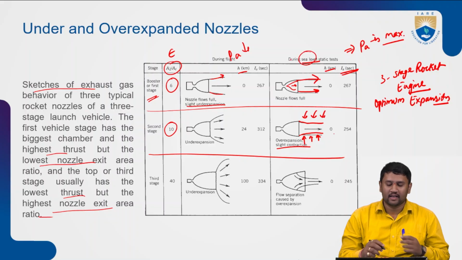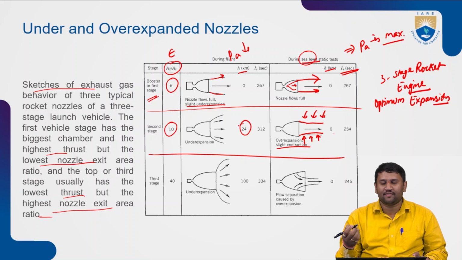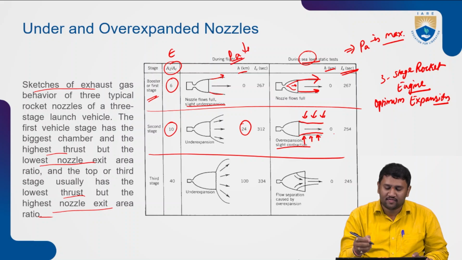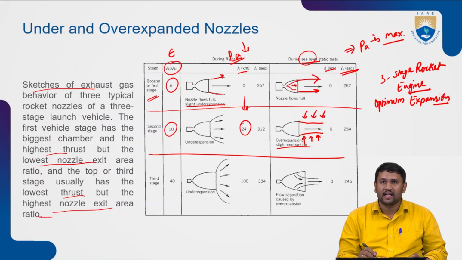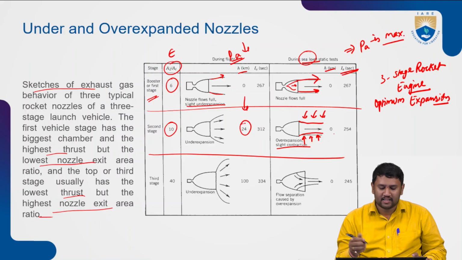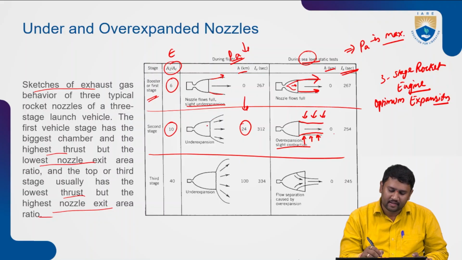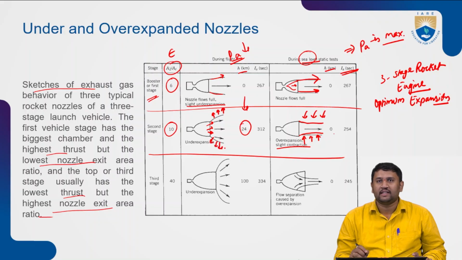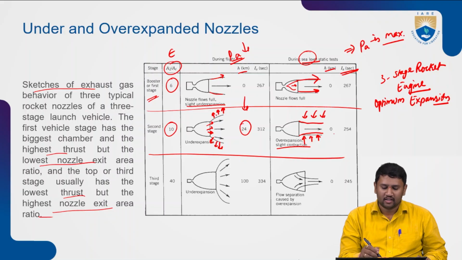Now during the flight, at an altitude of 24 kilometers or so, the pressure of the atmosphere decreases, right? We know as the altitude increases, the pressure decreases. So with less ambient pressure under full expansion, the gases tend to push out the atmospheric air, so that you will be getting an under-expanded curve. Now coming to the third stage, where it works under a near perfect vacuum.